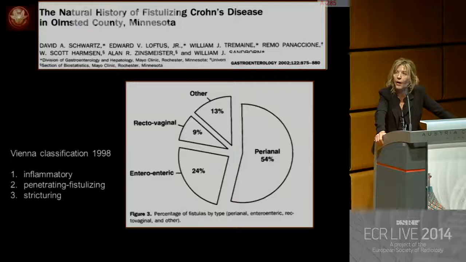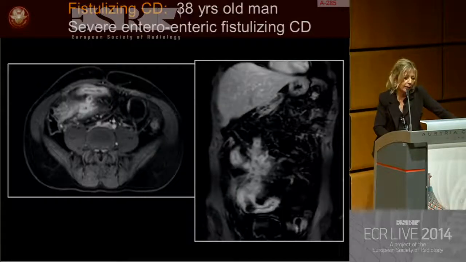Gastroenterologists, as you know, have divided Crohn's disease into three main phenotypes or courses, one inflammatory, one fistulizing, and one stricturing. And of course, perianal disease are symptoms and signs of the fistulizing course, together with the enteroenteric fistulas and rectovaginal fistulas or enterocutaneous fistulas and other different types of fistula.